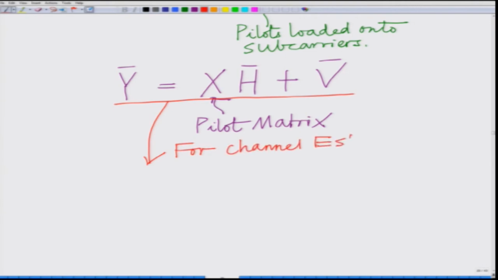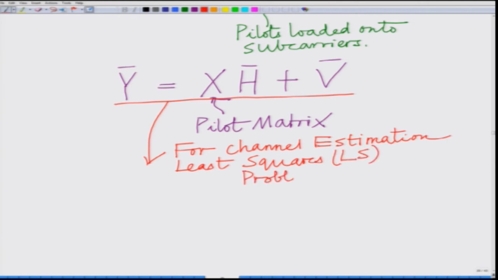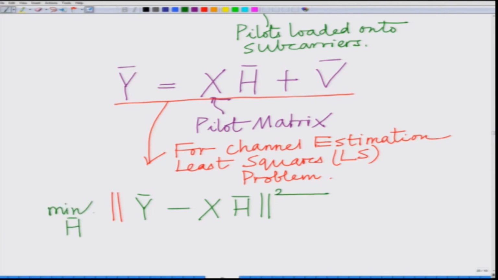This is the LS problem for channel estimation, which is simply, like many times before, norm of Y minus X H bar squared, and we would like to minimize it with respect to H bar, that is find the H bar which minimizes this least squares cost function, and that gives us the maximum likelihood estimate.